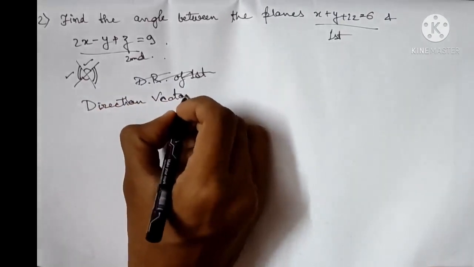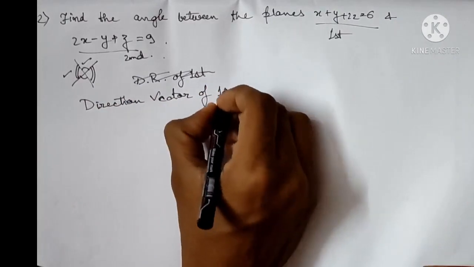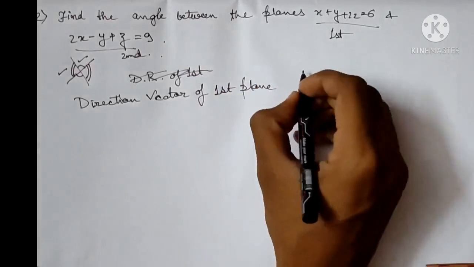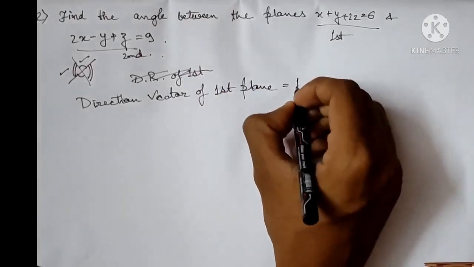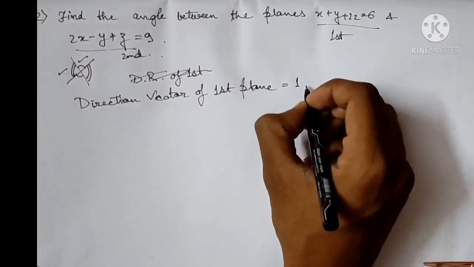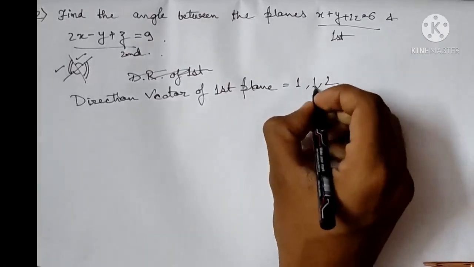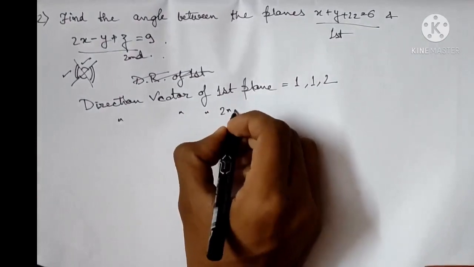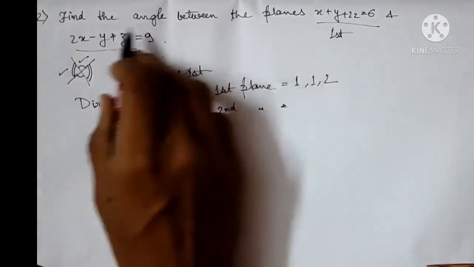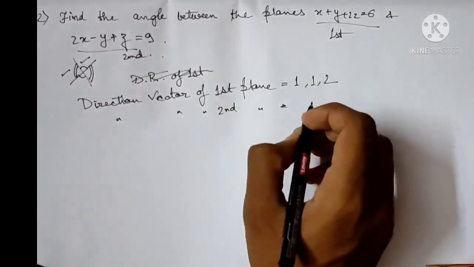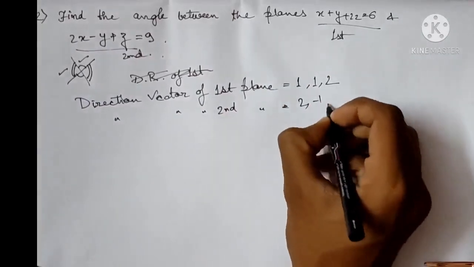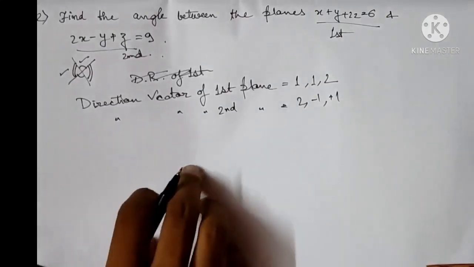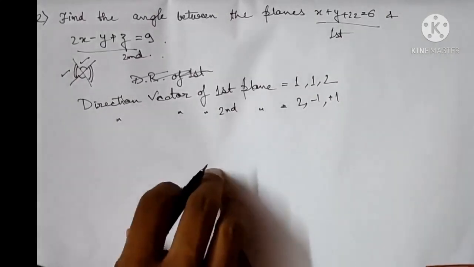The direction vector of the first plane is 1, 1, 2. Similarly the direction vector of the second plane is 2, minus 1, plus 1. So these are the two direction vectors of these two planes.